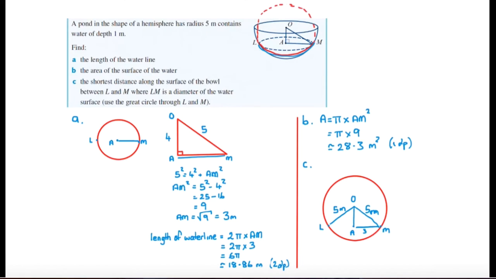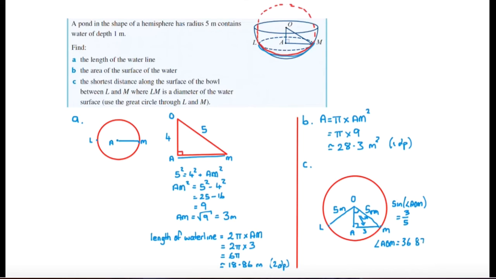We can use some simple right-angle triangle trigonometry to find this angle here. That's the angle AOM. We know that sine of that angle is equal to opposite over hypotenuse. That's 3 over 5. And so the angle AOM, once you work that out on the calculator, is approximately 36.87 degrees.